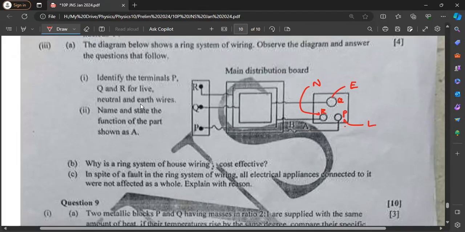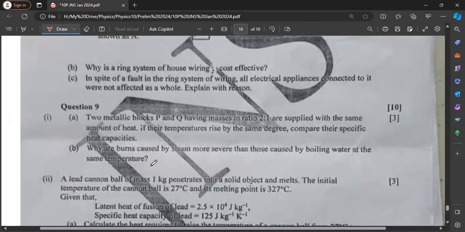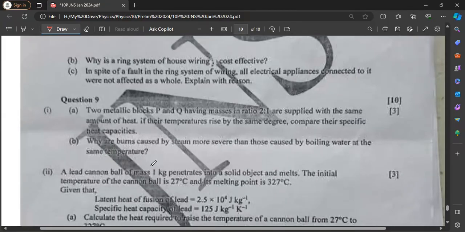Okay. Then name and state the function of what is shown as A. So A is a switch, B is a fuse, right? Why is a ring system of a house cost effective? There are 2-3 examples here to use the same kind of switch. Then you don't need thicker wires.